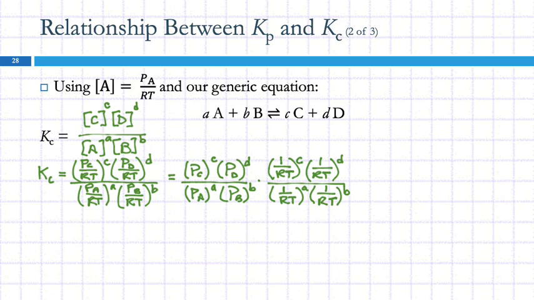Okay, so now we have this 1 over RT, and it's multiplied and divided here, and all that's different about these is the exponents. So we can combine these terms as well. Let's see the best way to do this.